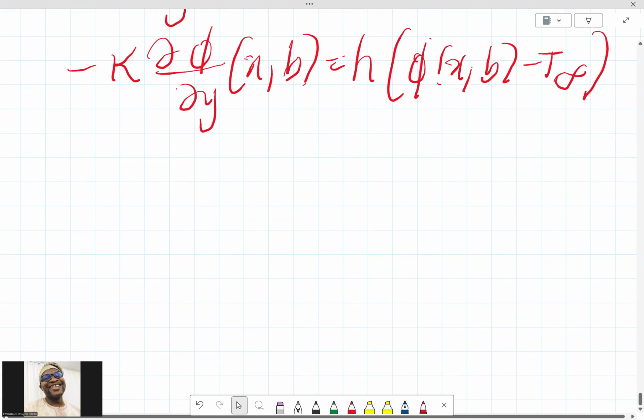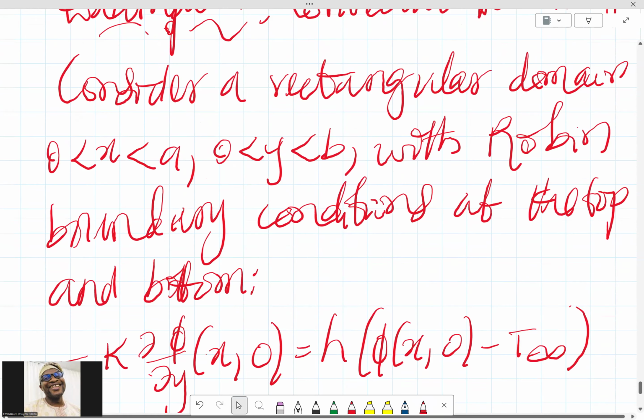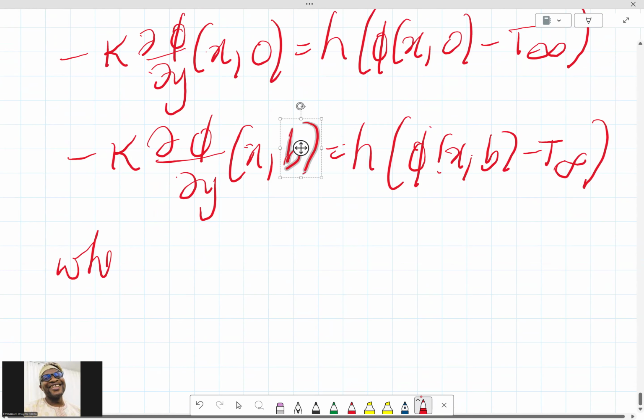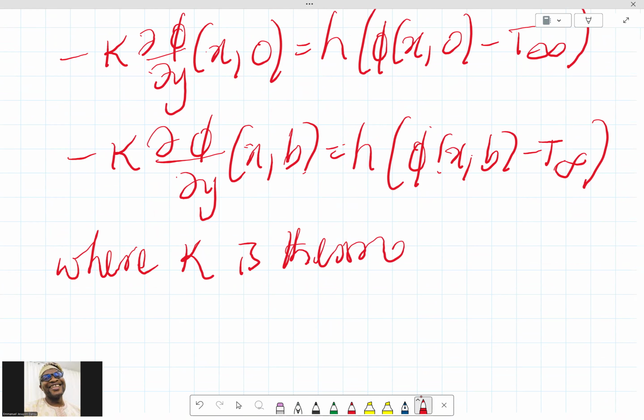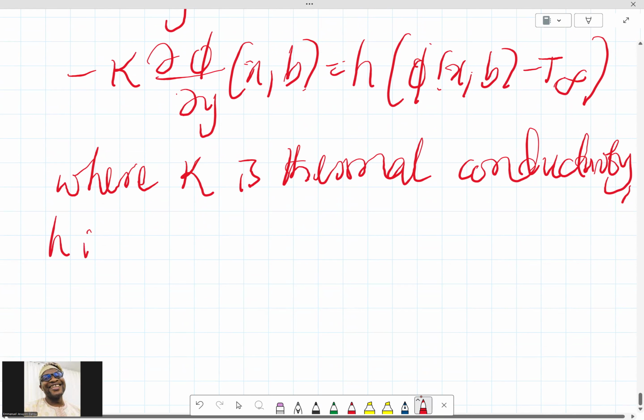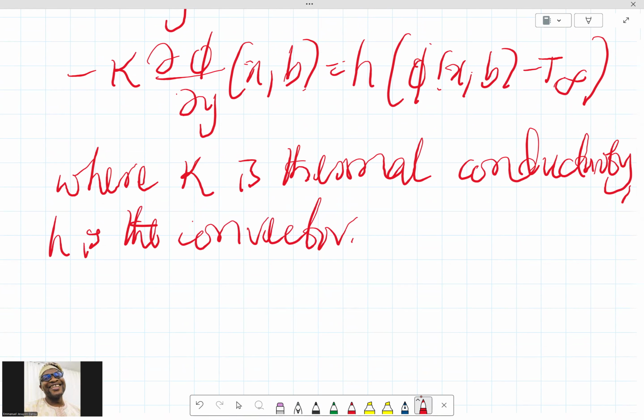So we have this where k is thermal conductivity, and h is the convective heat transfer coefficient.